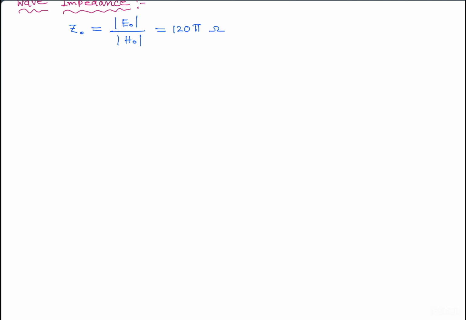So we see E perpendicular B perpendicular k. E, B and k, all three are mutually perpendicular to each other, and also an important thing, k will always be parallel to the Poynting vector in this case.